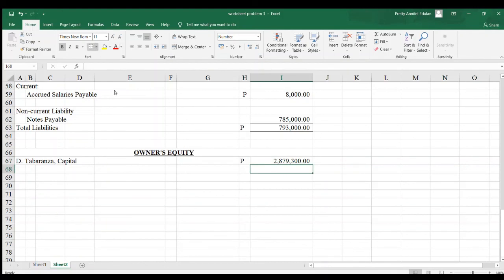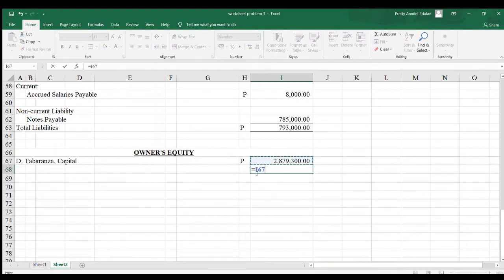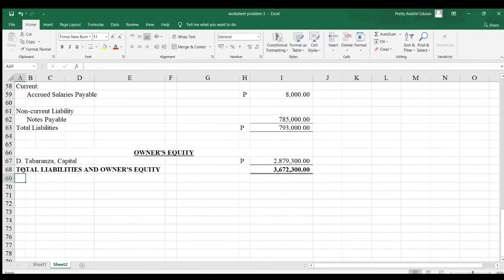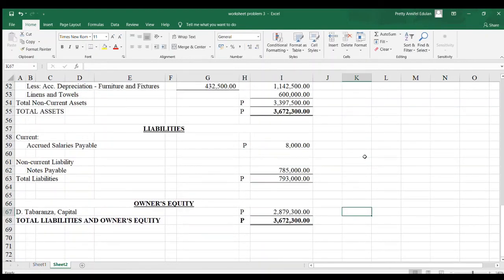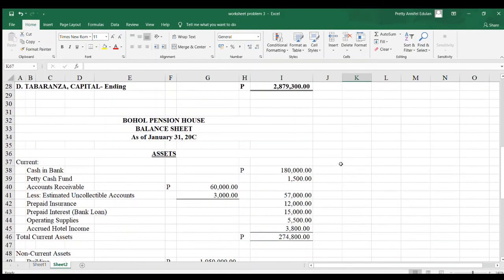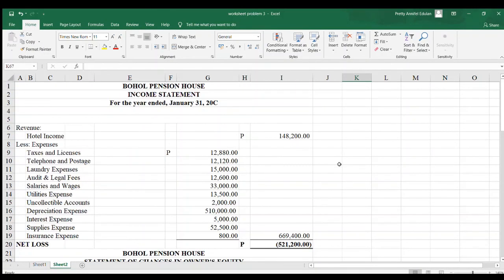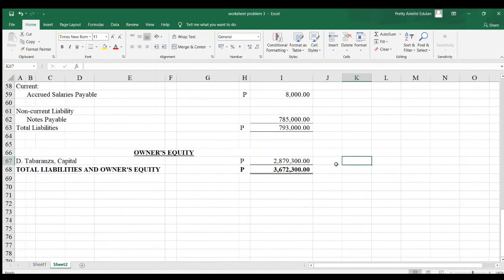So hopefully this will be balanced. Let's try to see. This one and this one. Let's try to check. It's the feeling of fulfillment when they are balanced. Hopefully. 3,672,300. Okay, very good. So we are done with this problem, the 8-column worksheet and the financial statements. So that is all for this problem. Thank you and have a good day.